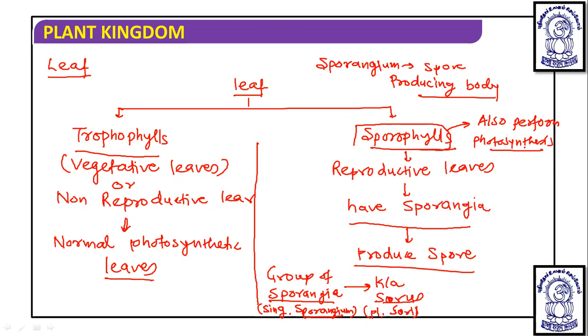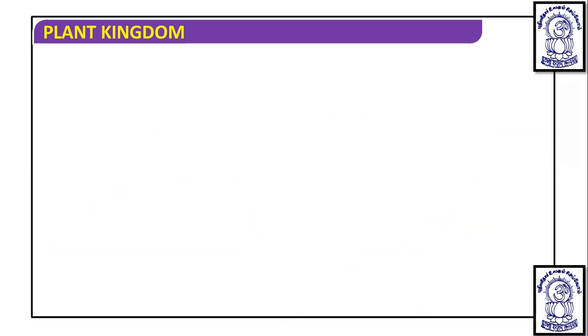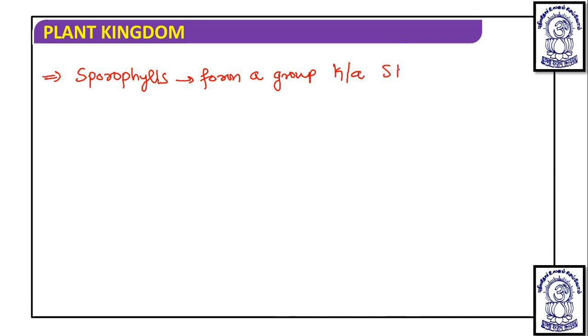Now, after trophophylls and sporophylls, these sporophylls can form a group, and this group of sporophylls is known as a cone, or we can say strobilus. Sporophylls, which are the reproductive leaves, form a group known as strobilus or cone, and this strobilus or cone can be loose or compact.